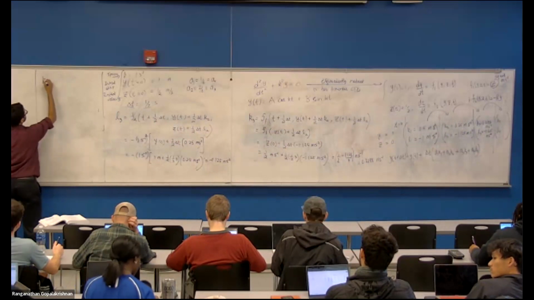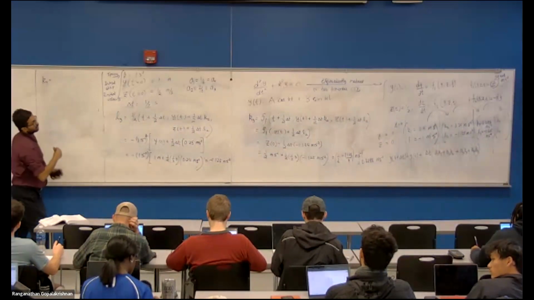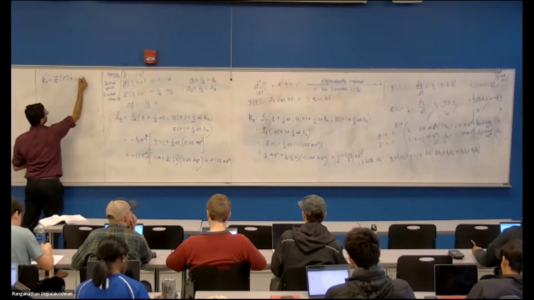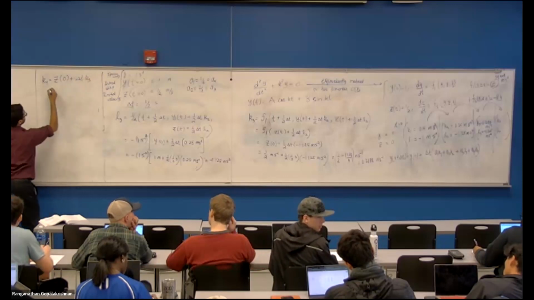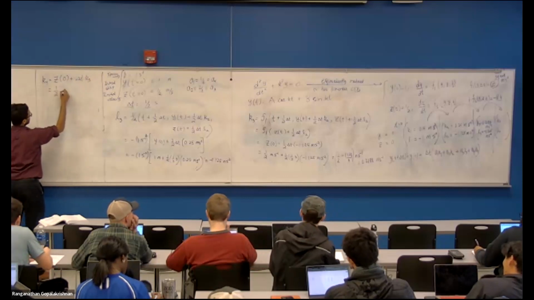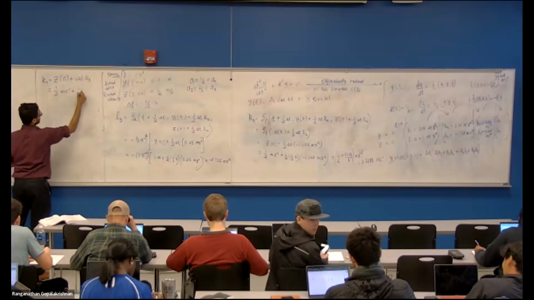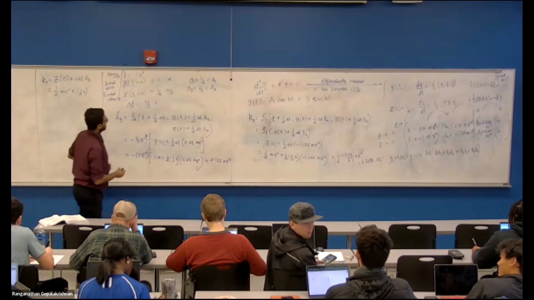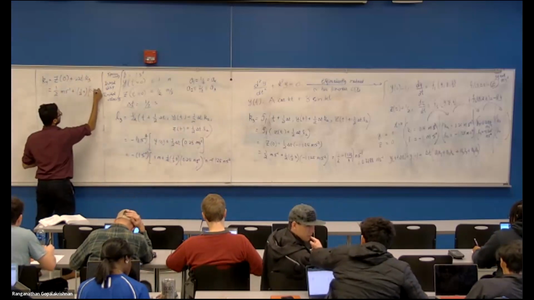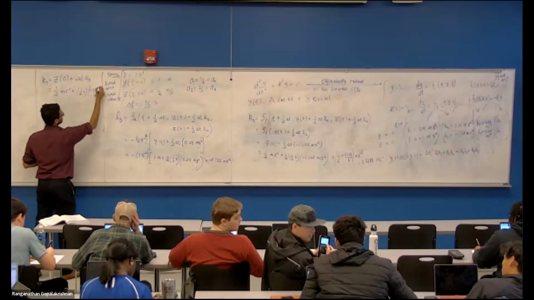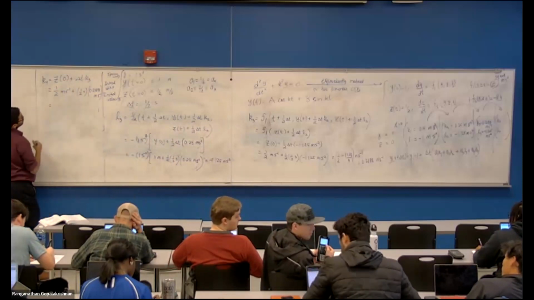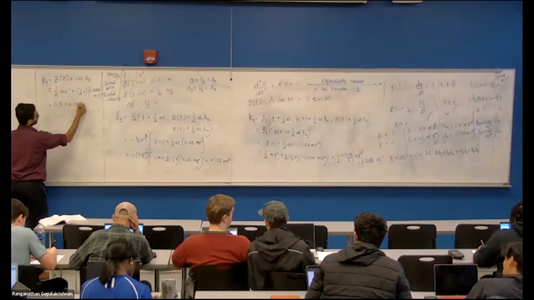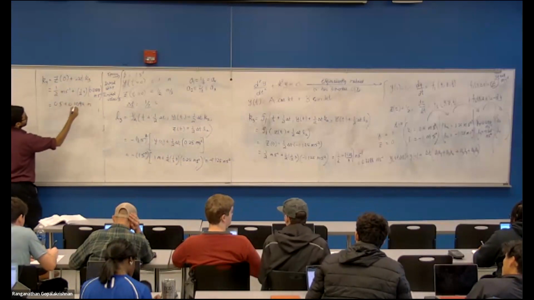So K4 is going to be the value of Z at 0 plus delta T multiplied by K3, which is half a meter per second, plus half a second multiplied by 0.2188 meter per second. So this is 0.5 plus 0.1094 meters per second.